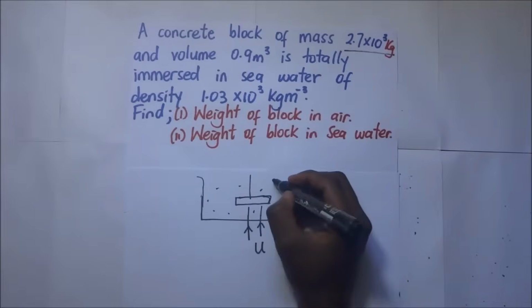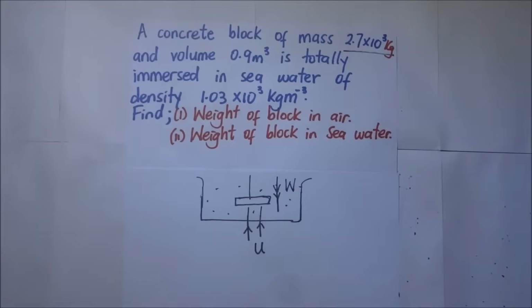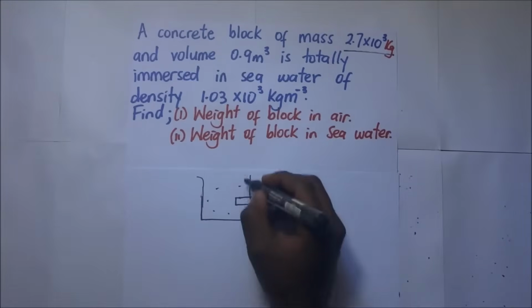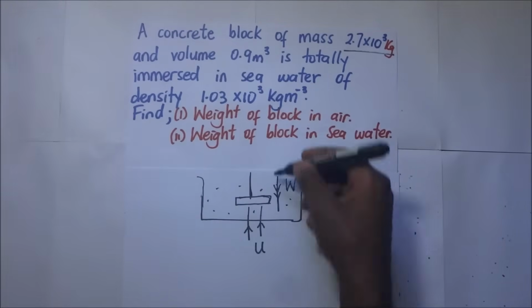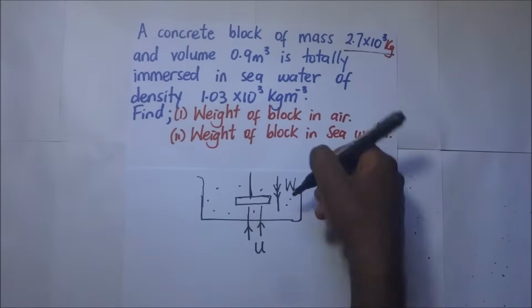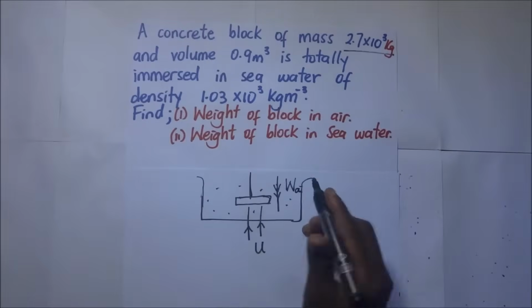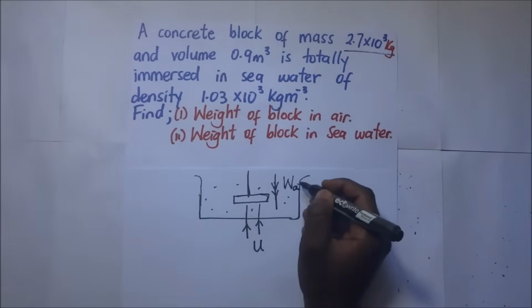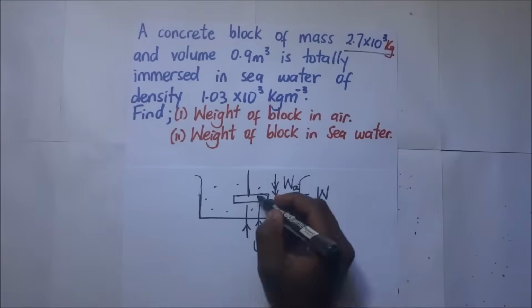Then it also has the force acting downwards, which is the force due to its weight. That is the weight when it is in air, acting downwards, versus the upthrust force acting upwards. The difference between these two forces is going to give us the weight of this thing when it is in the fluid.